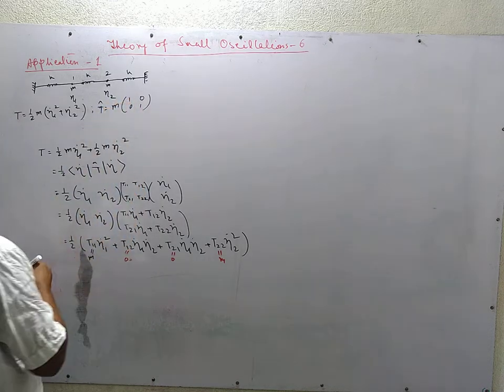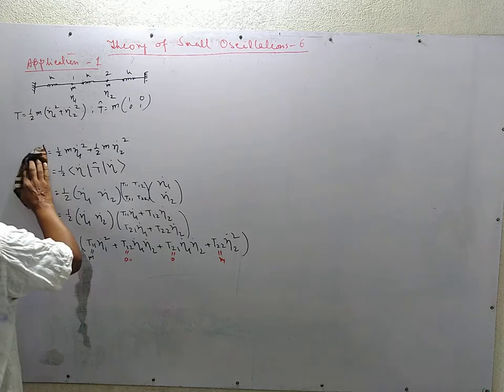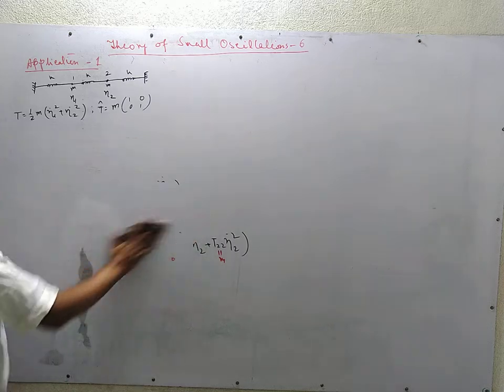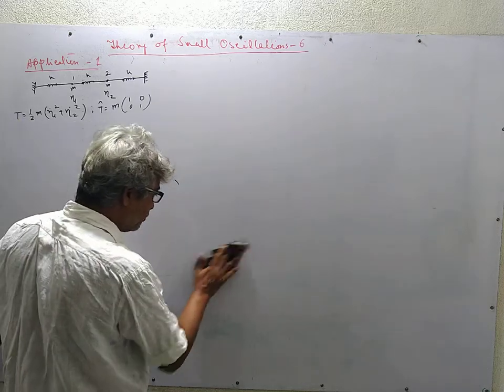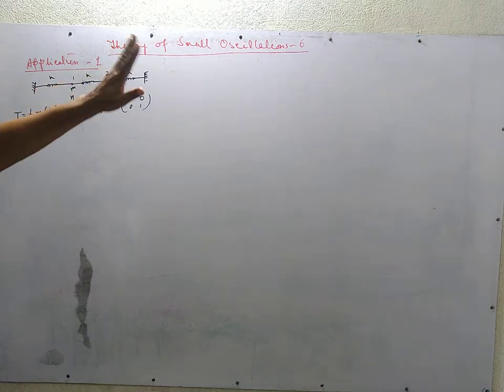Now coming to the V matrix. First, let me find the expression for the potential energy of the system. Since the combination is placed on a frictionless horizontal table, gravity has no role to play, and the entire potential energy comes from the springs.